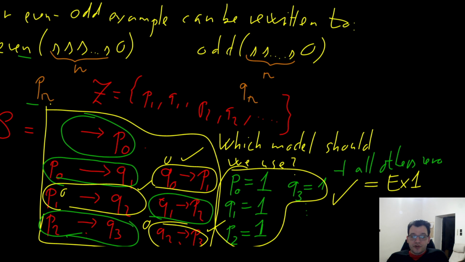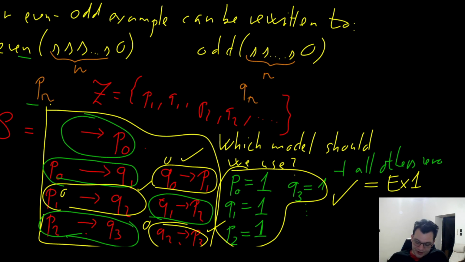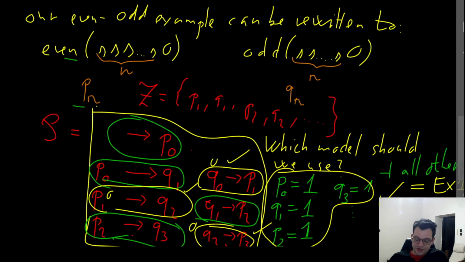Now the thing is, why should we choose this particular model? Set these guys to 1, those which absolutely necessarily should be set to 1, and set all the others to 0. It's because the experts in logic programs say so.